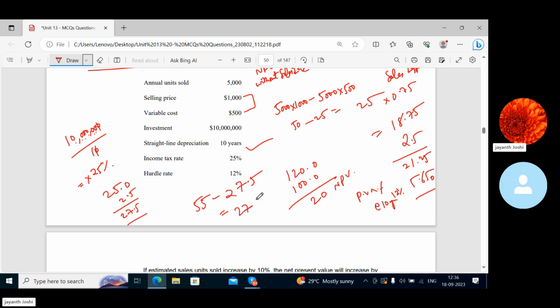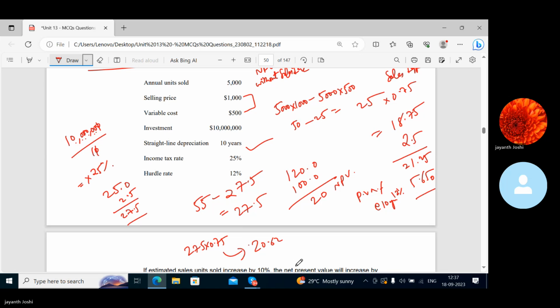And tax also you have to take: 27.5 into 0.75, that is 20.62. So I get 20.62 directly, right?